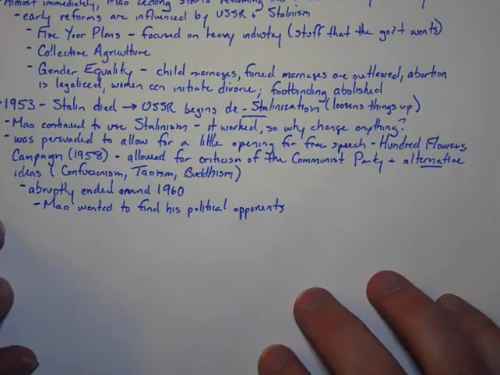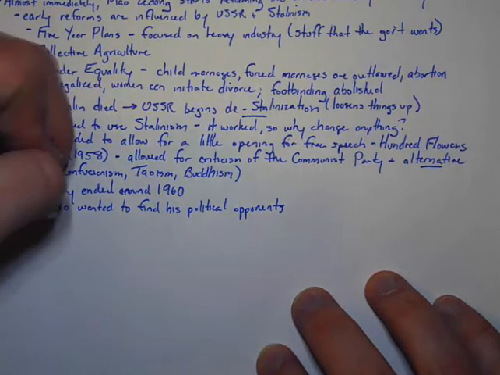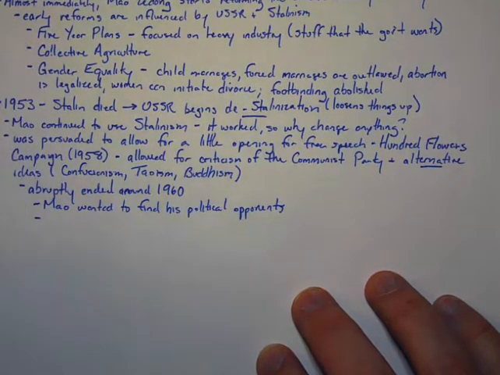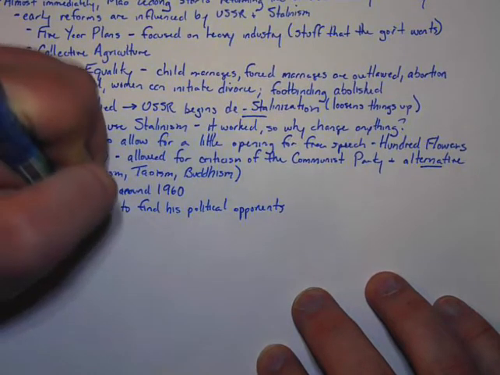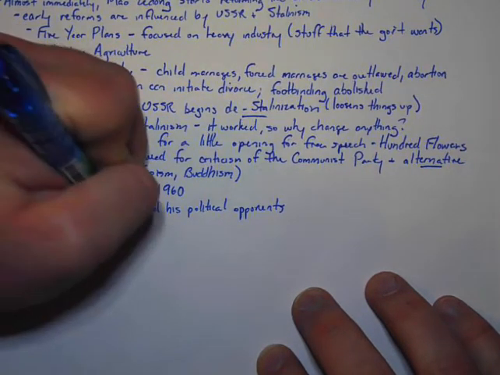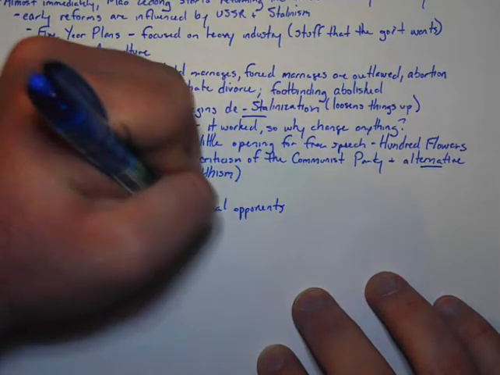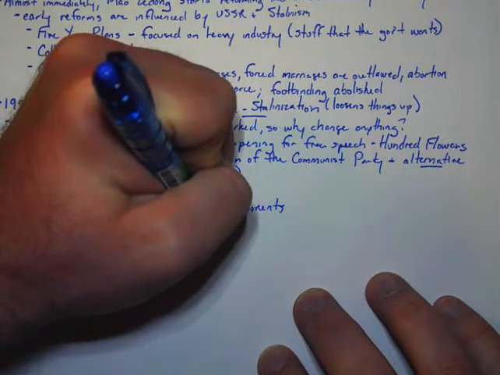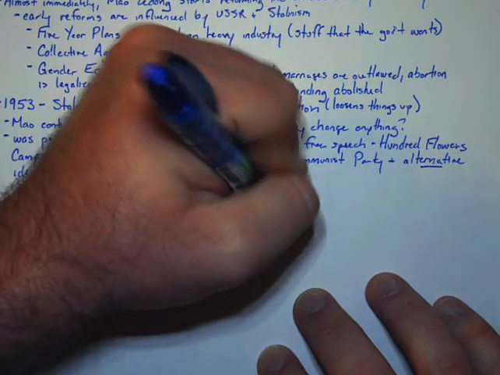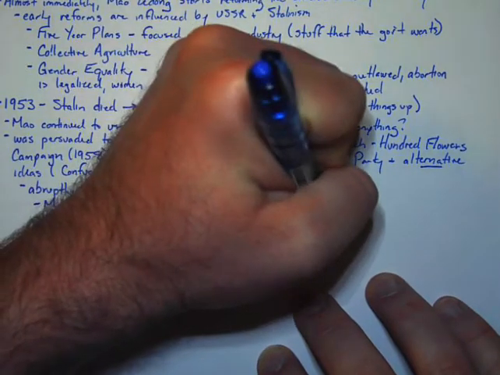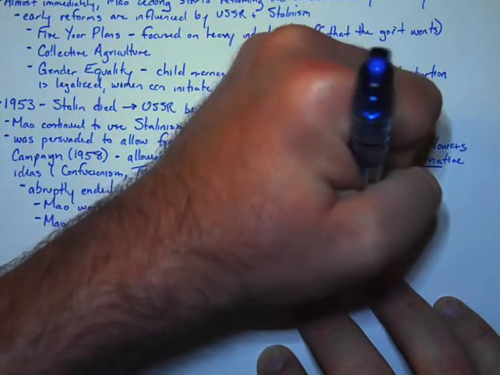Another reason that is sometimes theorized for why the 100 Flowers campaign ended was that Mao disliked the criticism but saw the alternative ideas as good points.